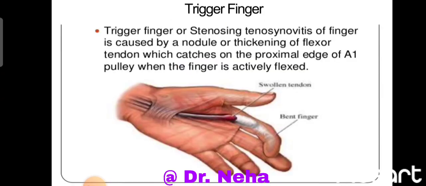Then we have clinical related to this, that is the trigger finger. Trigger finger is also termed as stenosing tenosynovitis of the finger. Synovitis means the inflammation of the synovial sheath which is enclosing the tendons. This is caused by a nodule or thickening of the flexor tendon, which catches in the proximal edge of A1 pulley.